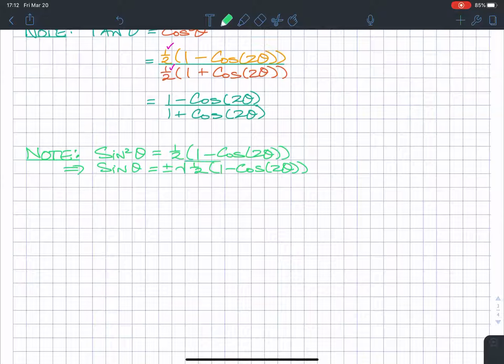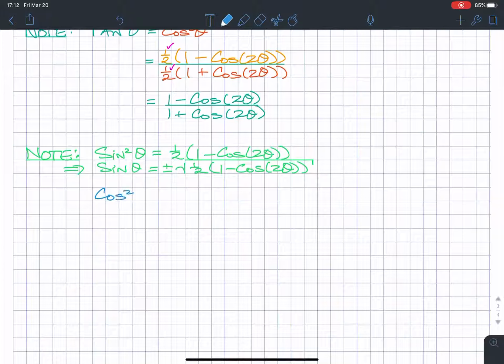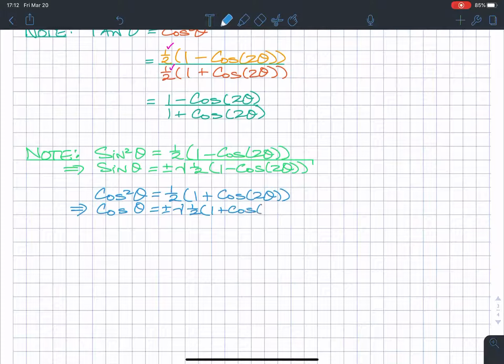Maybe I should have left a space there, but hopefully you guys can see that. Similarly, we have cosine squared theta was given as 1/2 the quantity 1 plus cosine 2 theta, which means that cosine of theta will be plus or minus the square root of 1/2 the quantity 1 plus cosine 2 theta. And I'll show you where the plus or minus comes into play in a moment later on when we do examples.